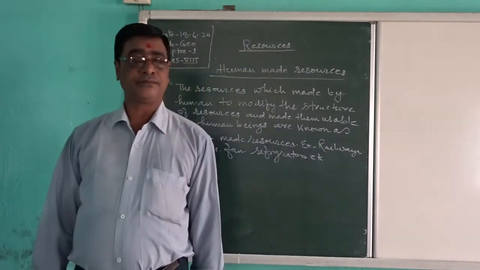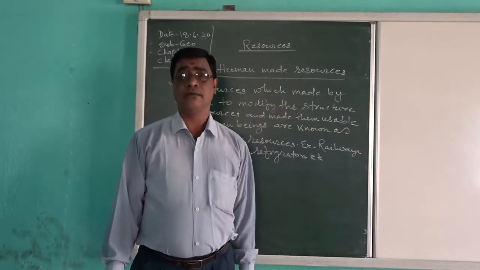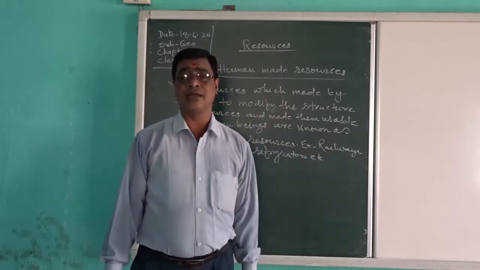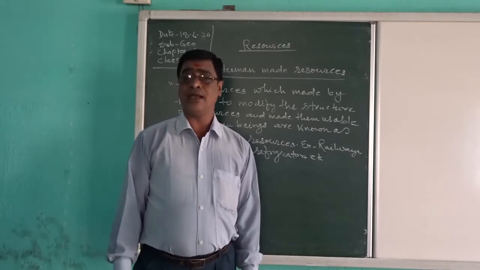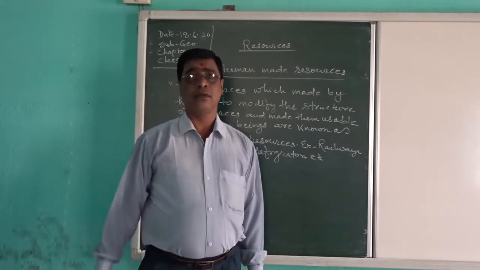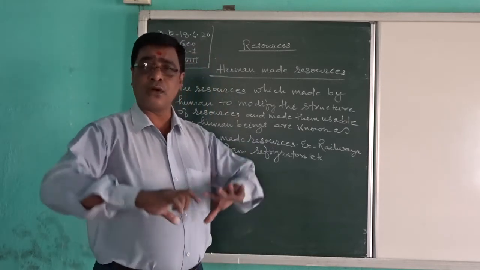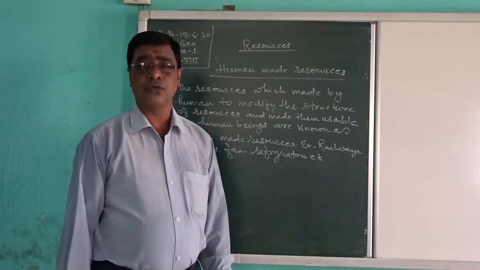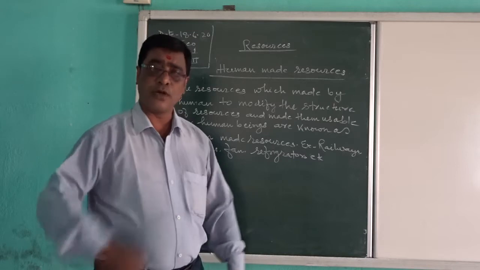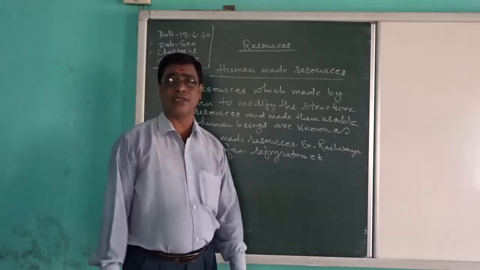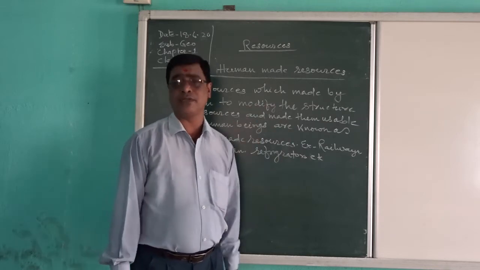Suppose that nowadays we are using a fan, an air conditioner, and different articles. When they come from the raw state, they cannot be used by human beings. So human beings change the resources and modify their structure by technology and make them usable for human beings.